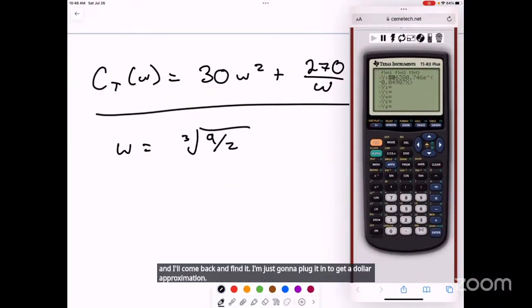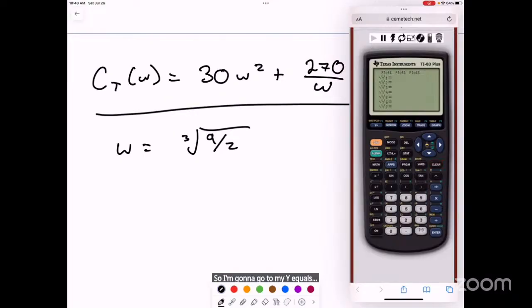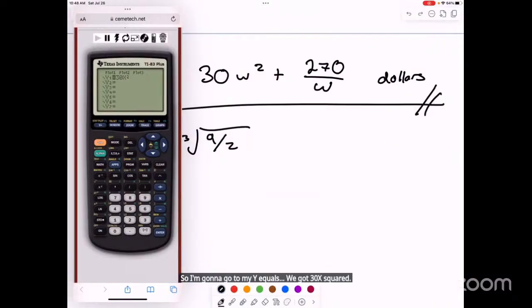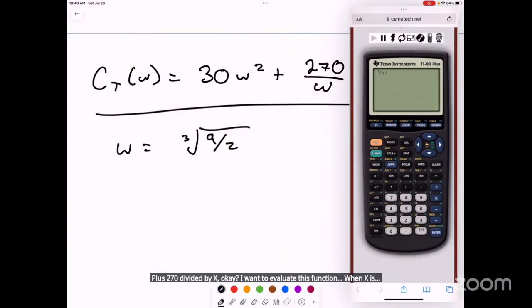So I'm going to go to my y equals, we got 30x squared plus 270 divided by x, okay? I want to evaluate this function when x is 9 over 2 to the power of a third.